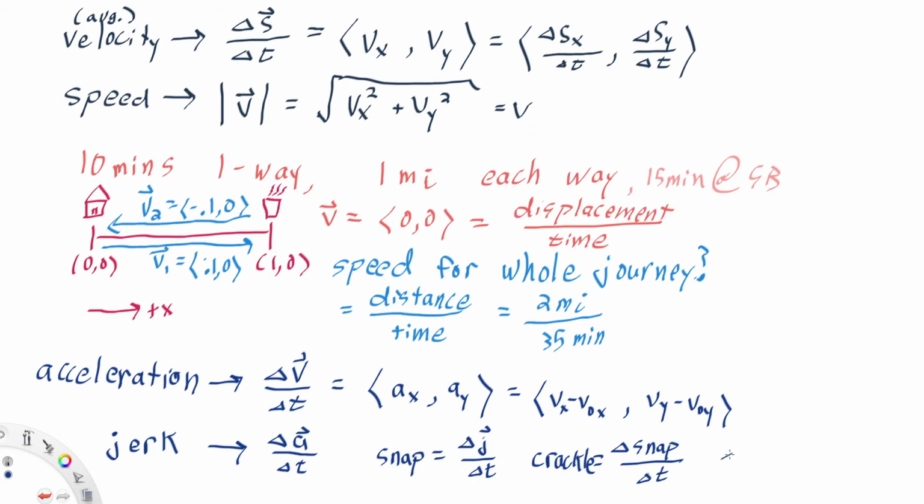And the change in crackle over time is the pop. Those are entirely real terms. Yep, this is still definitions. We are an hour into the class. We have not done any physics.